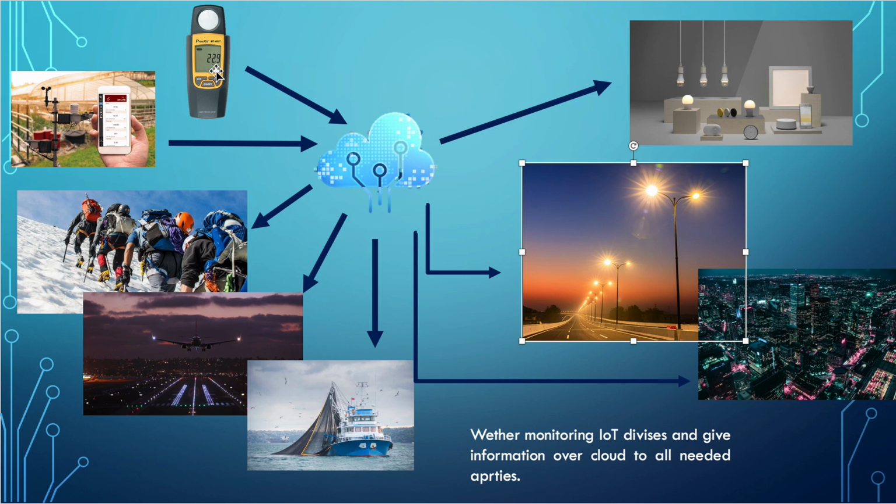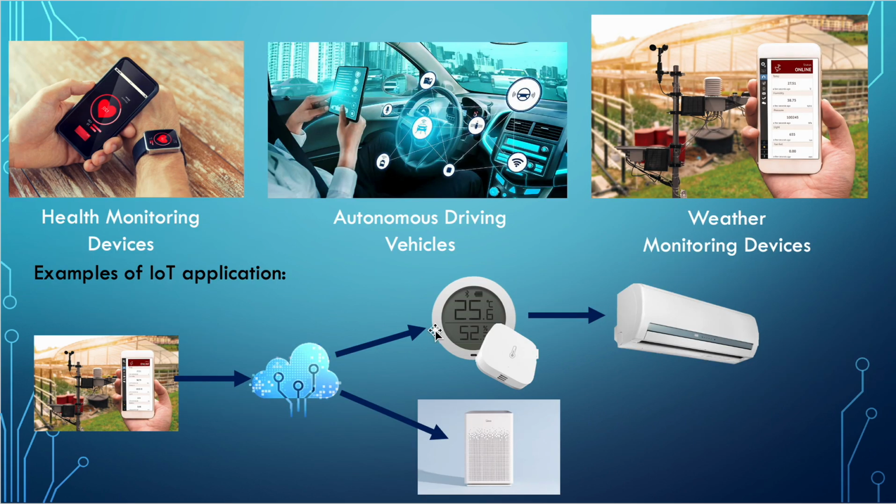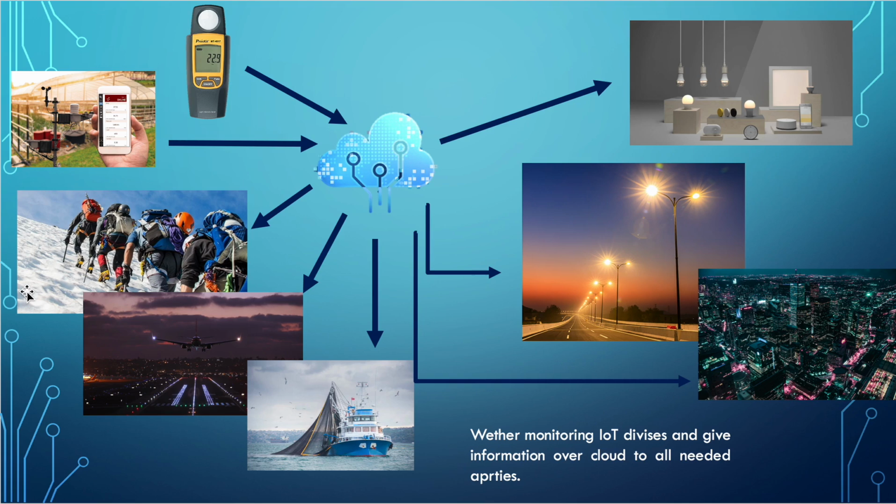So if you are making a smart home solution, you don't need to have a whole weather monitoring system to switch on your lights. Or as we talked about earlier, you don't need whole weather monitoring devices fixed in your home just to control your air conditioning or the heater or anything. That particular set of data can be obtained from the internet, where there are devices which are already established and giving out that data.